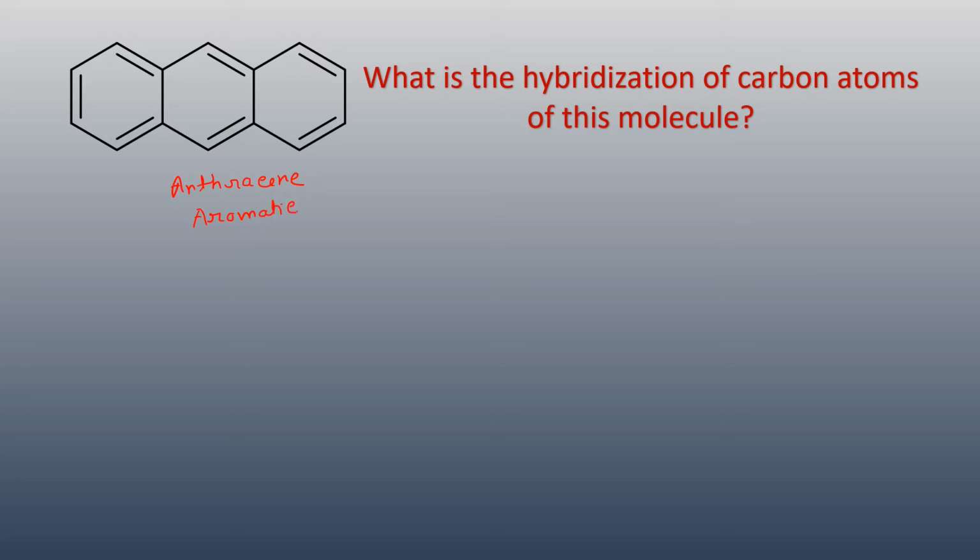So aromatic means it has C double bond C carbon bond, and these are conjugated and delocalized in the aromatic ring.